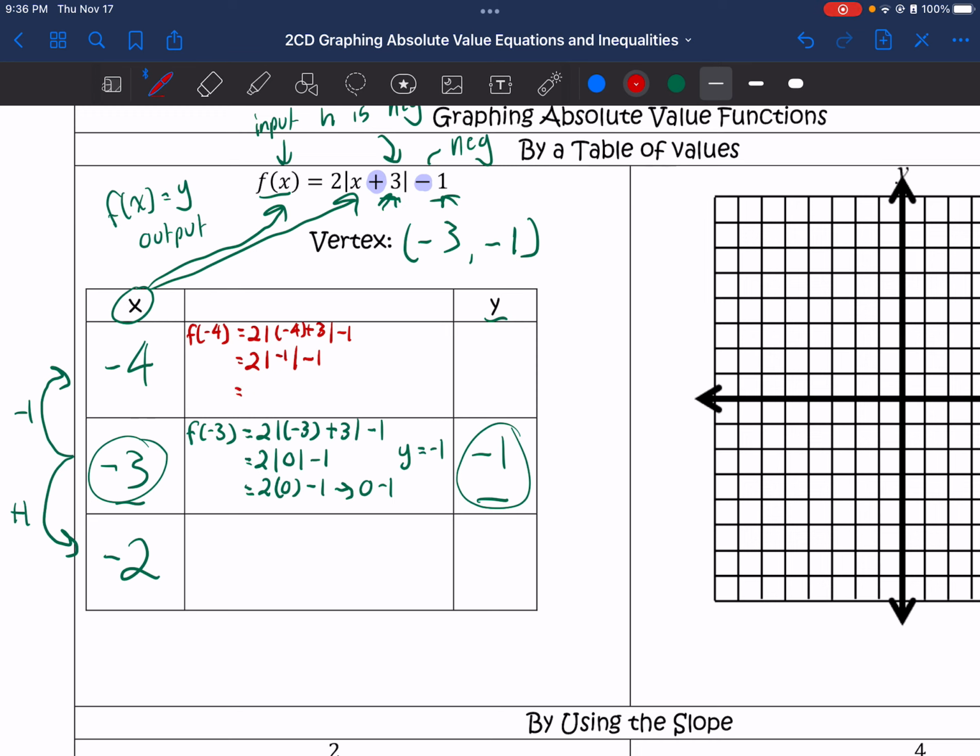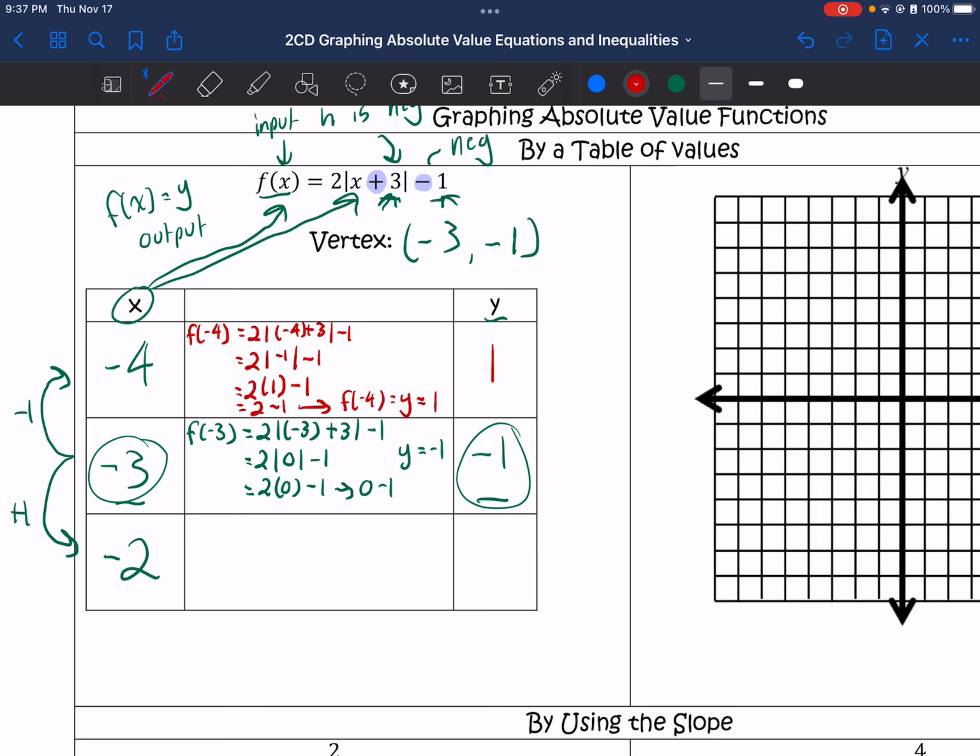So we're going to do 2, and the absolute value of -1 is +1. Now 2 times 1 is 2 minus 1, giving us f of -4, or y, is equal to 1. So we get a 1 here for our y.